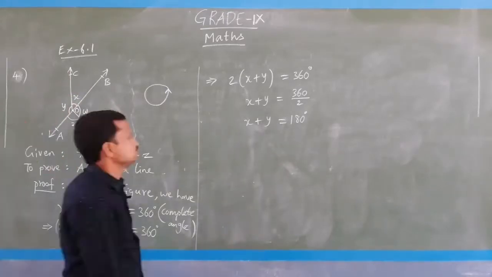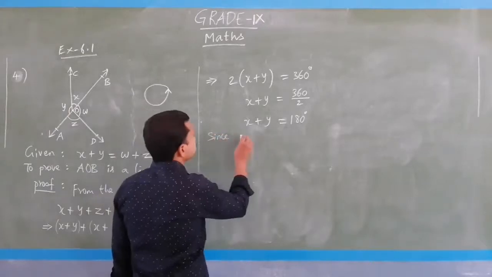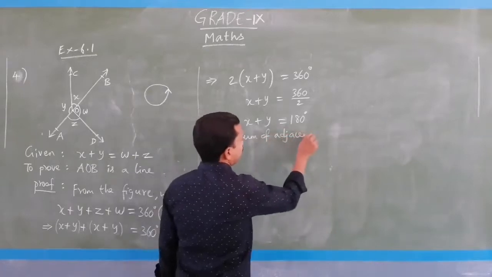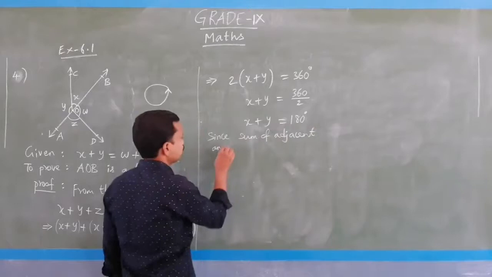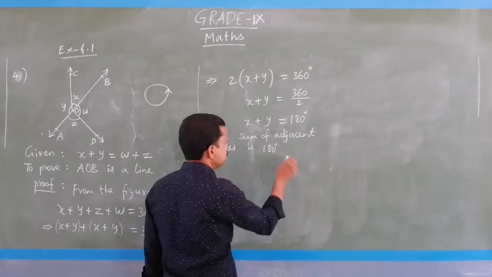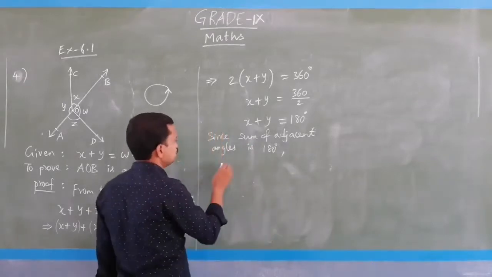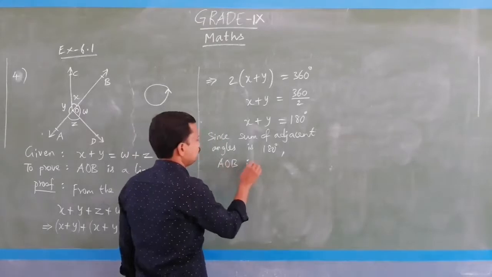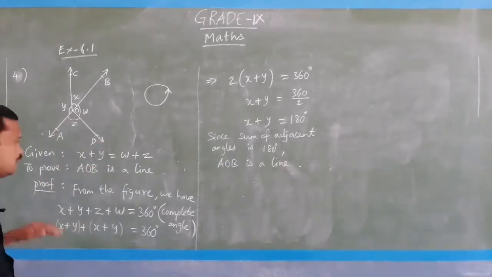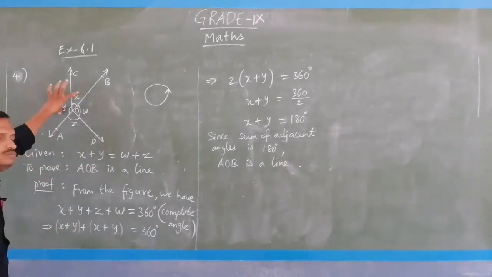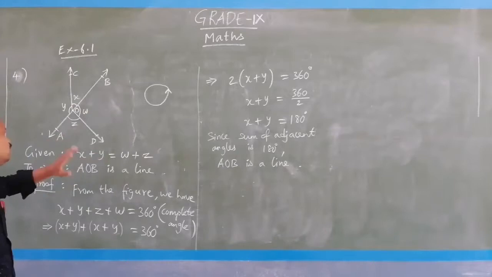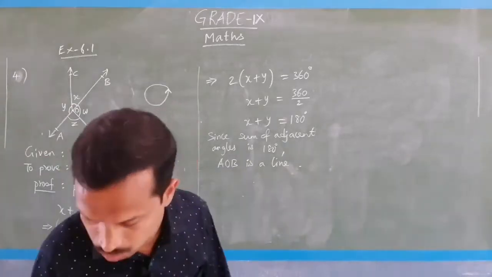So since the sum of adjacent angles is 180 degrees, AOB is a line. If AOB is a line, then only the sum of these two angles will be 180. So that is a linear pair of angles. So we get 180 degrees. So we can say AOB is a line. And now moving to question number 5.